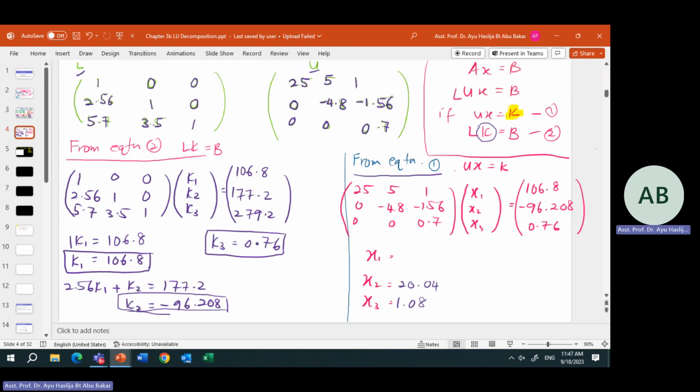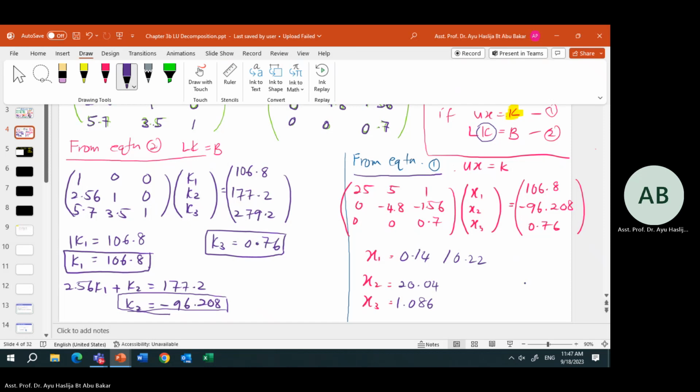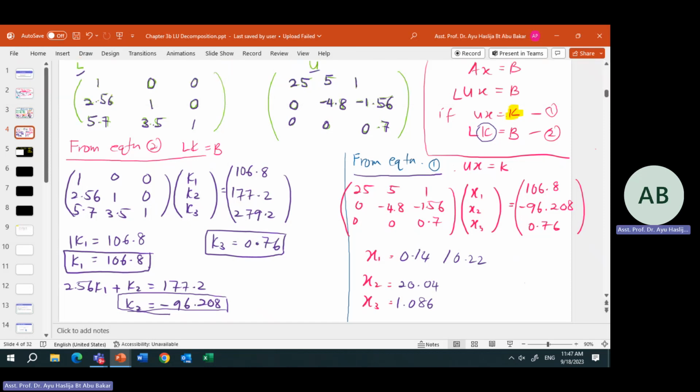X3, 1.086. X1, mine is 0.22. So this one is the one that is different, right? 20.4. X2, try to calculate again. You get the correct value? Oh, yeah.